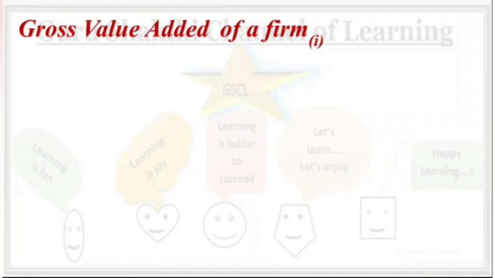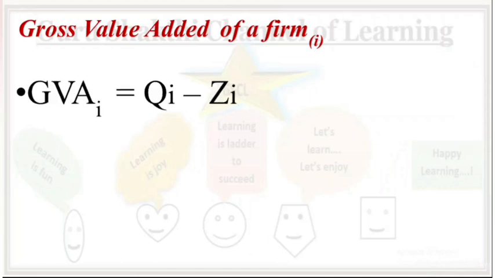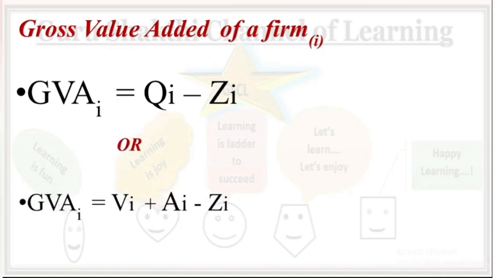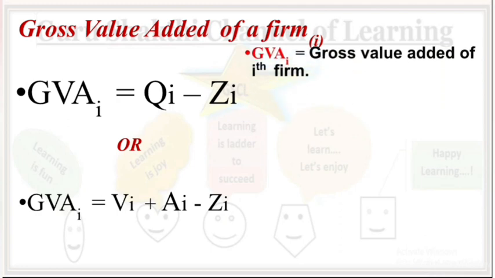Look at the equations over here. GVAi is equal to Qi minus Zi, or GVAi is equal to Vi plus Ai minus Zi. GVAi is gross value added of the ith firm.